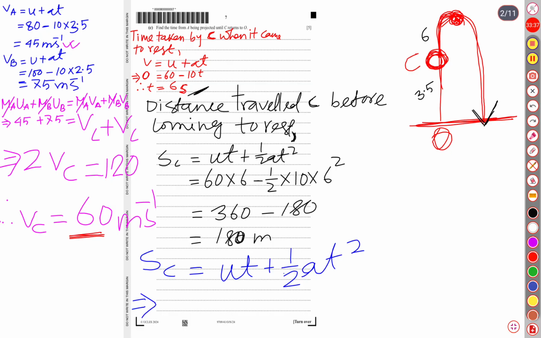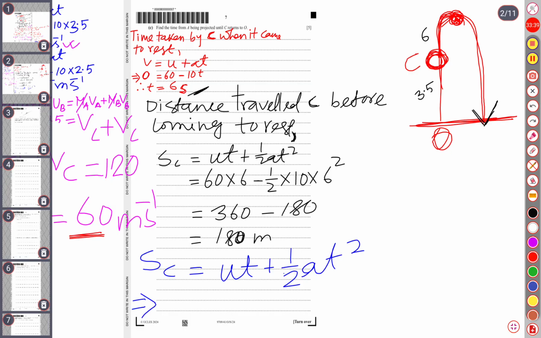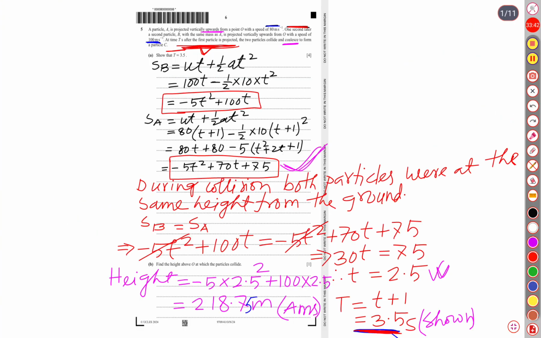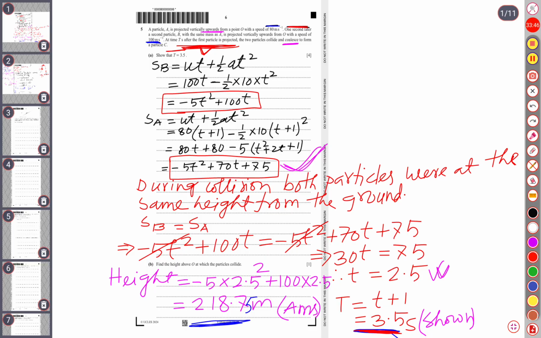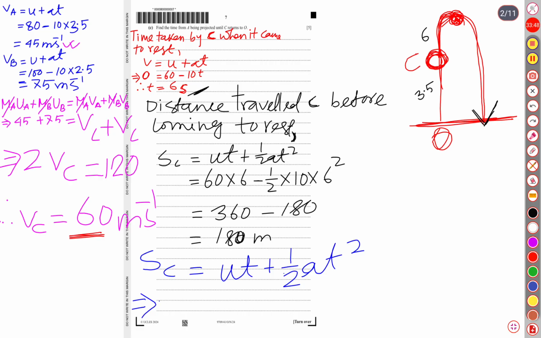Until before collision they traveled, from the previous page we can see, 218.75 meters, plus before coming to rest they traveled 180 meters, equal to initial velocity.